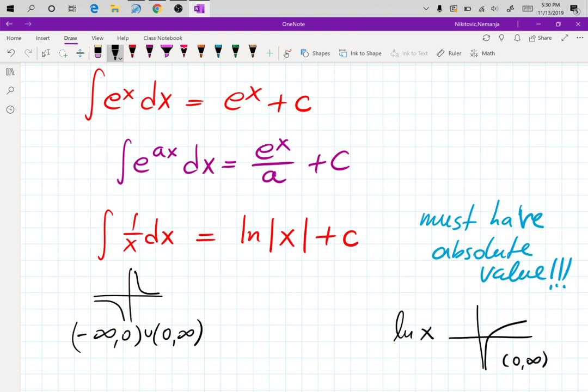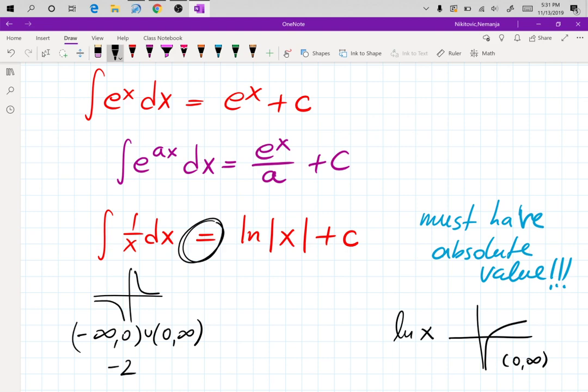And that's a problem, because when you have an equal sign in an equation, you need to be allowed to plug in the same numbers on both sides. So if you are to use, let's say, negative 2, well, you can, because it's just 1 over negative 2. Awesome. If you don't have absolute values, you can't use negative 2.